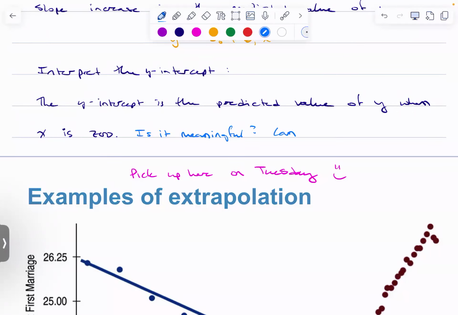Or can x be 0 reasonably? Is really what that follow-up is saying. Often the y-intercept is an extrapolation, and in those cases, I would say it's not very useful.